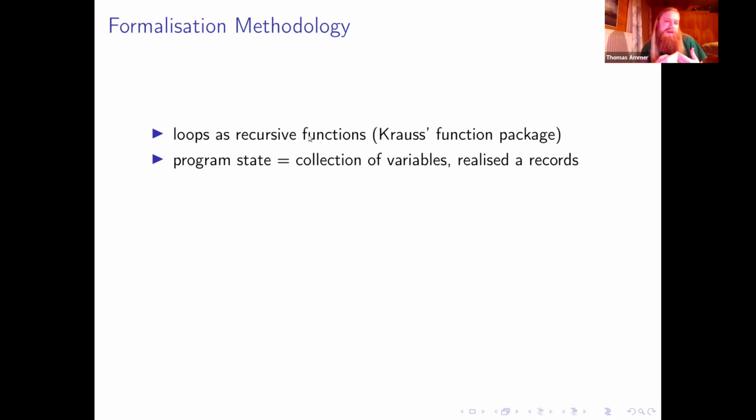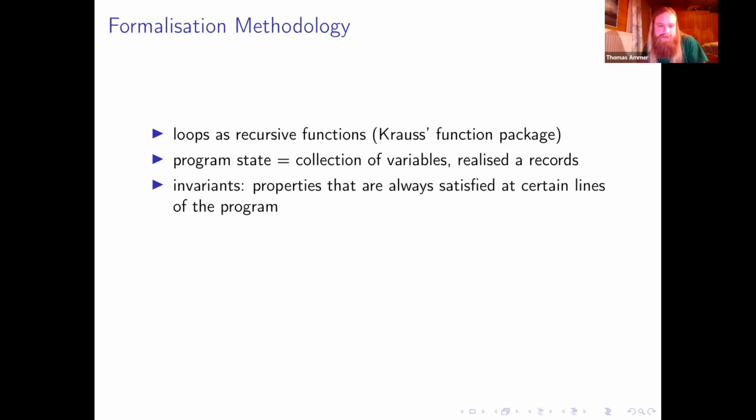And then the algorithms work on program states, which are collections of variables. For example, a program variable would be the current flow. Those program states are formalized as records, functional records, as they are provided by the Isabelle language. And then the loops are modeled as functions that map the program state at the beginning of that loop to the program state immediately after finishing the loop.